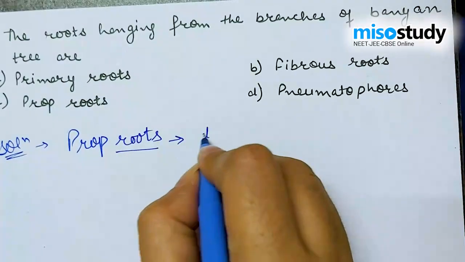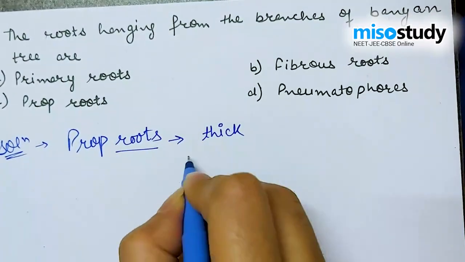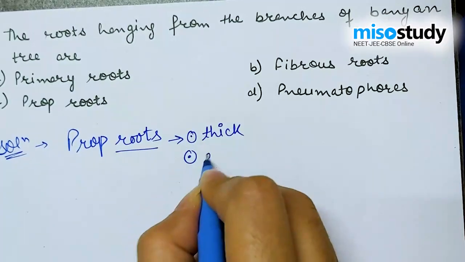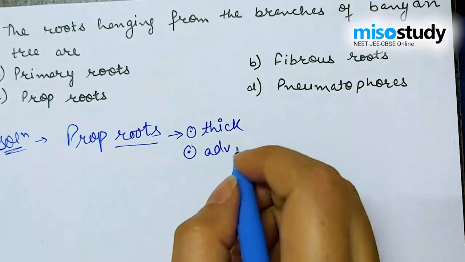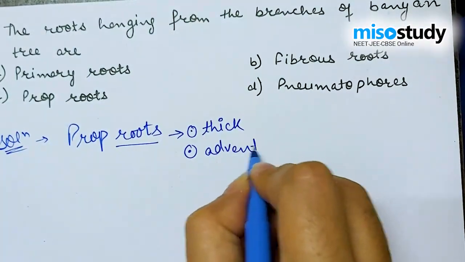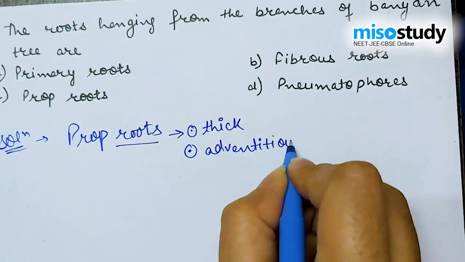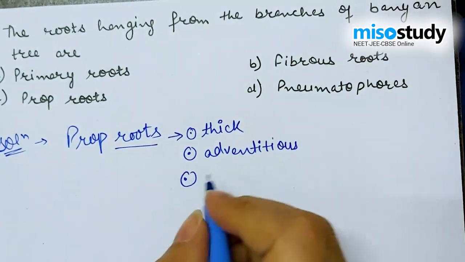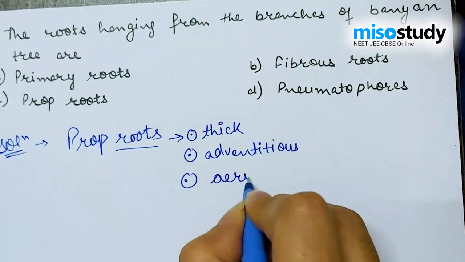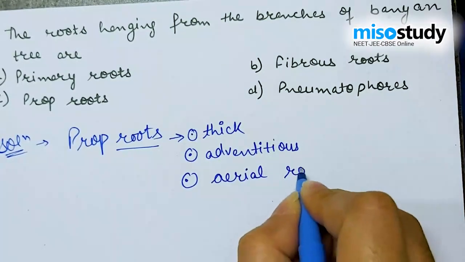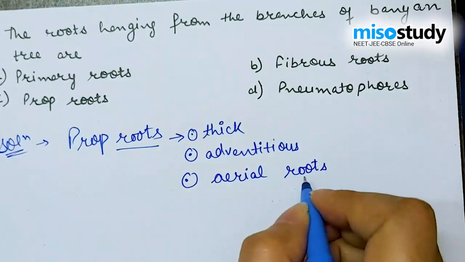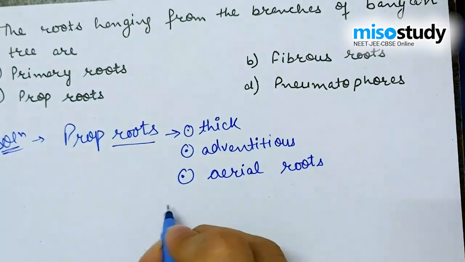Prop roots are thick, adventitious, and also known as aerial roots.